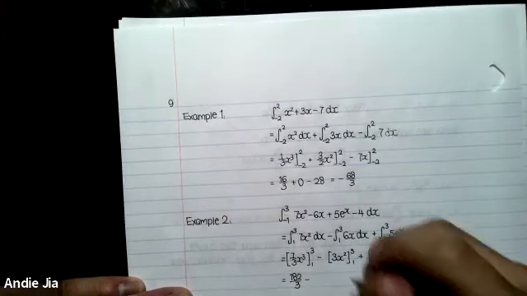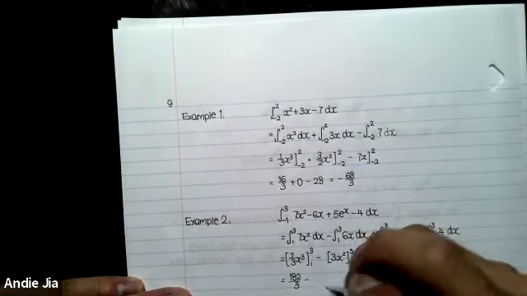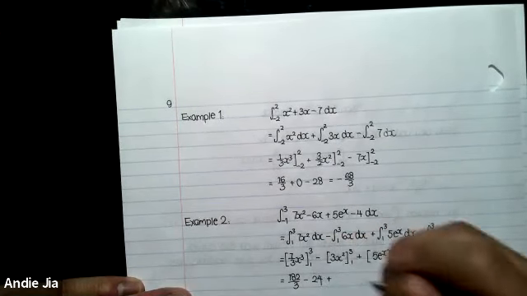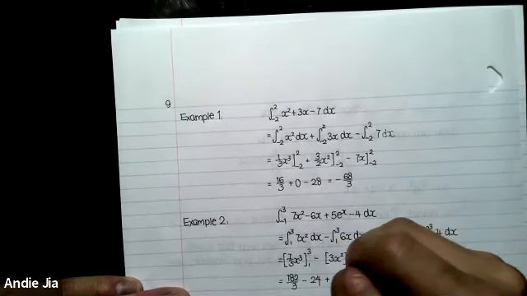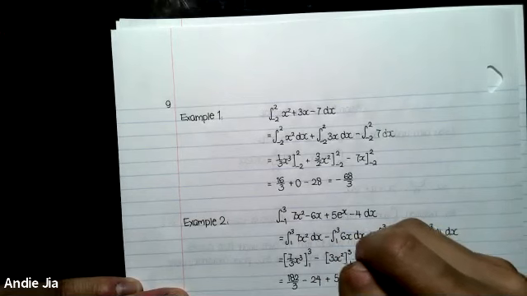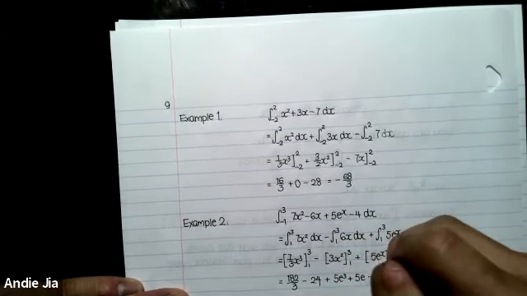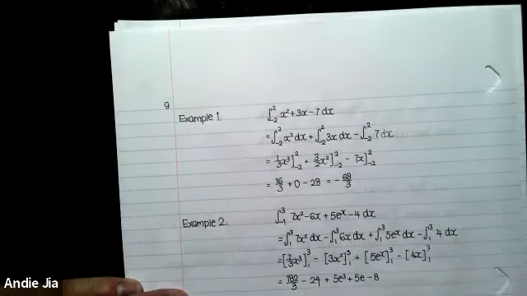Minus is like 9, 27 minus 3 is 24, plus 5e3, and plus 5e minus just 8, minus 32, 182 minus 96, it is 86.